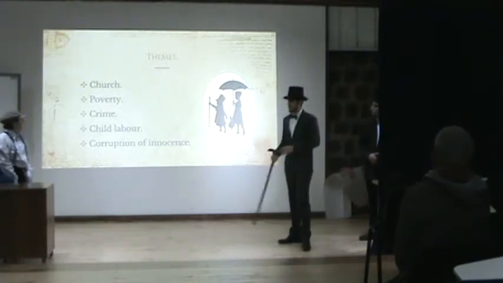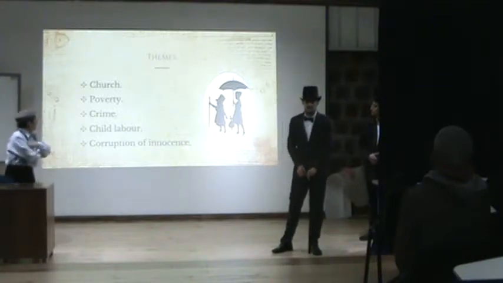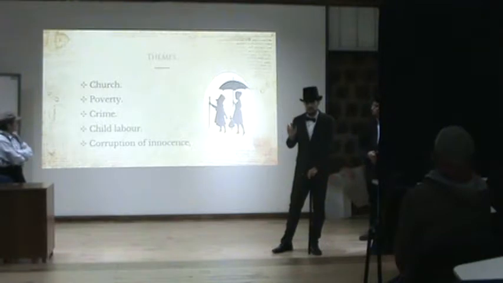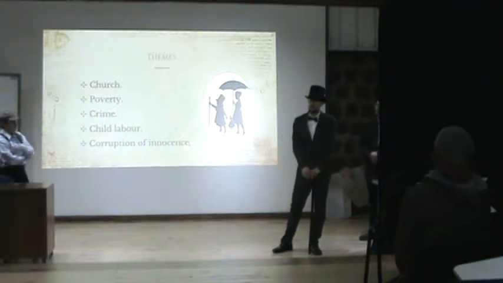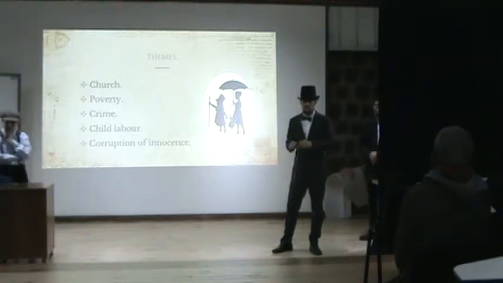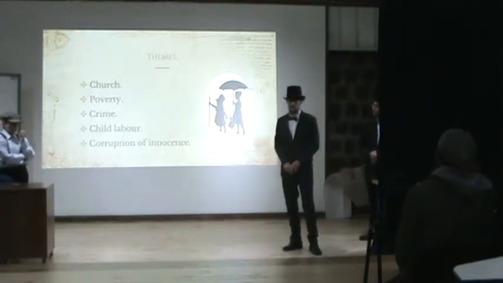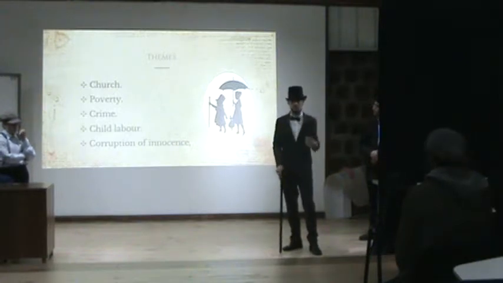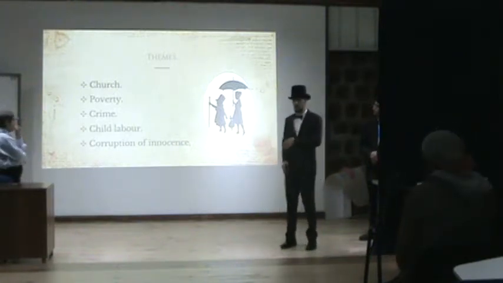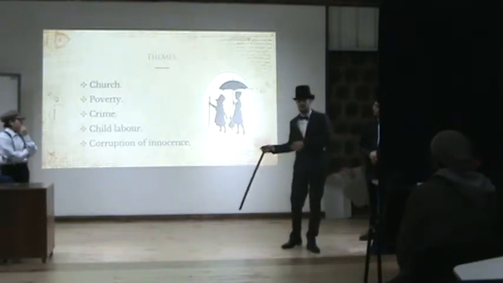Poverty is also a very important thing in this story because everyone who was a criminal was poor. And Oliver moved around this environment in the story, and he's a victim of what other people do. We have crime as well. Well, I think it's pretty obvious.